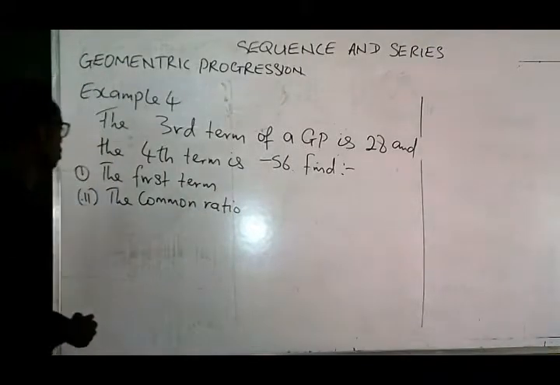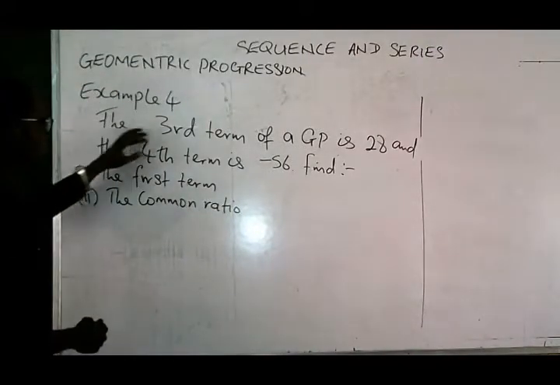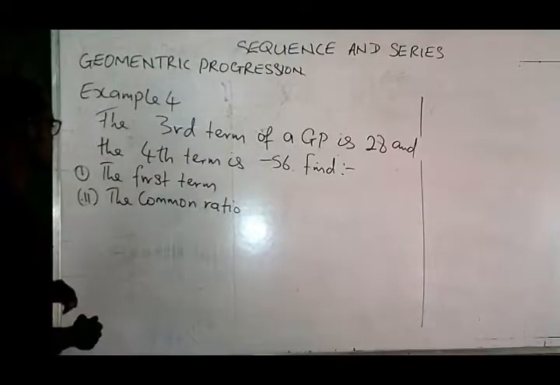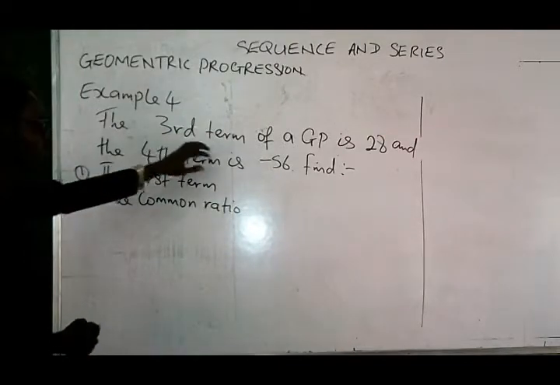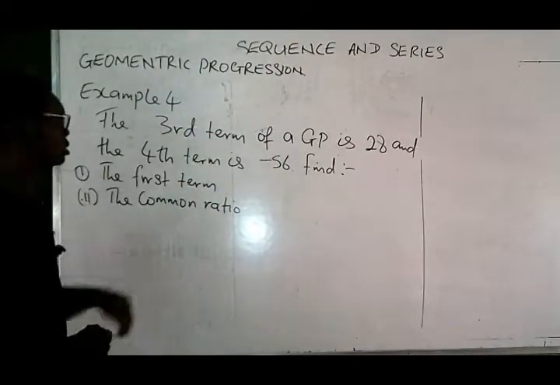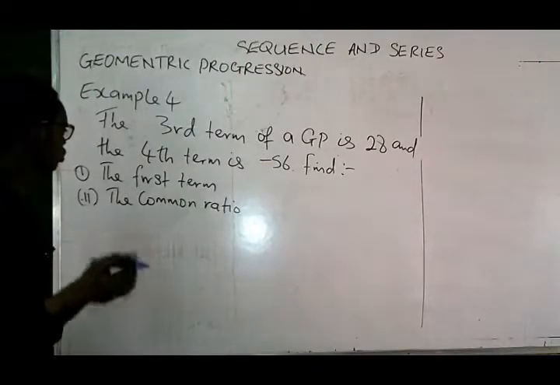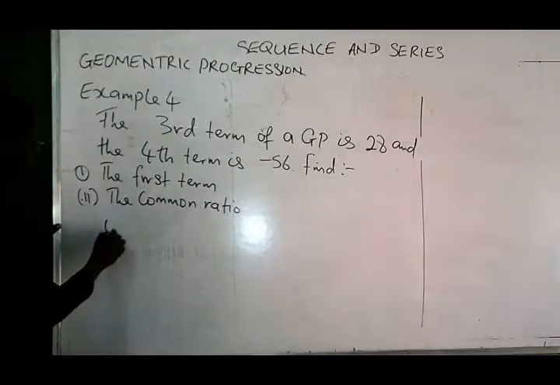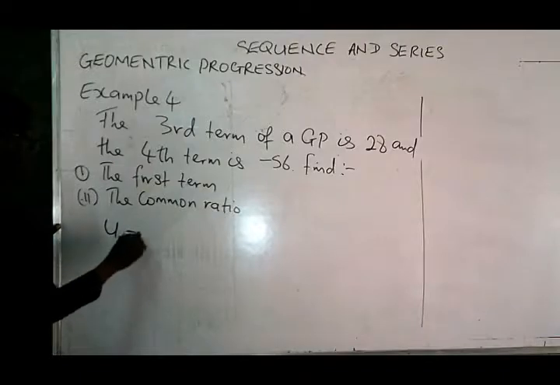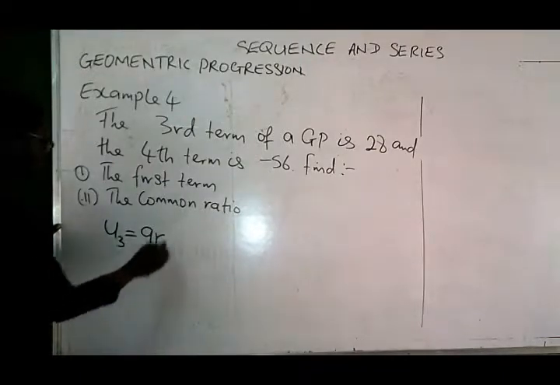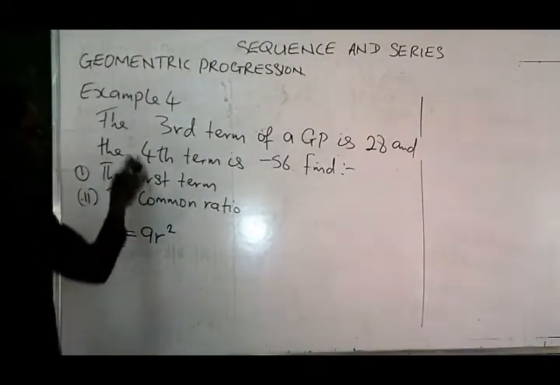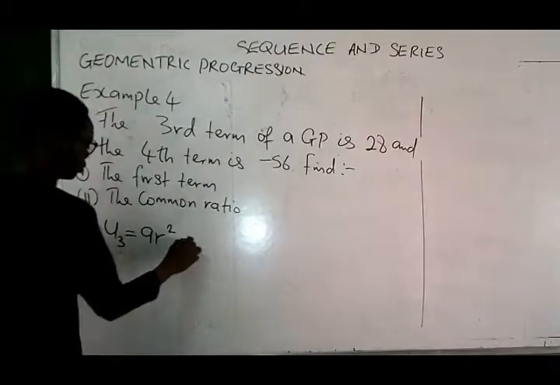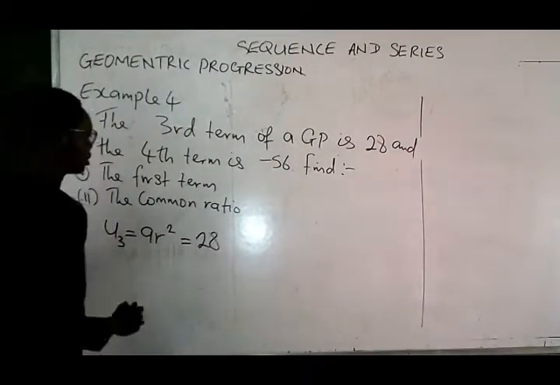First of all, let's use the first sentence to form an equation. It says the third term of a GP is 28. And the expression for the third term is U3, which is equal to a r squared. And the third term is equal to 28.